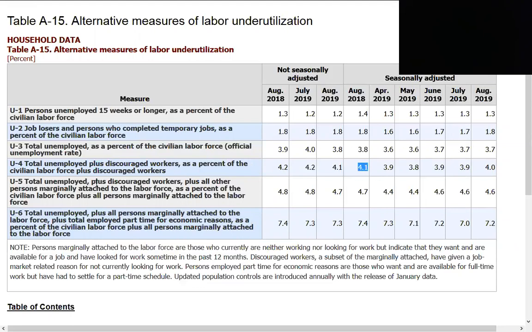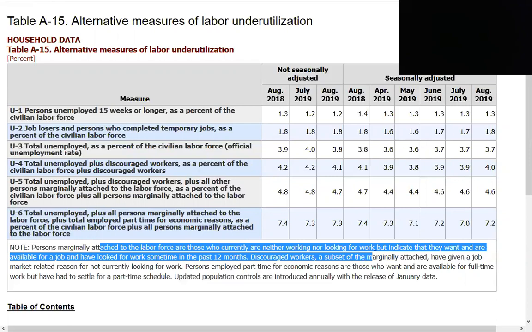What about 5? This is total unemployed, the discouraged workers, and then all people marginally attached to the labor force, right? So marginally attached to the labor force are those neither working nor looking for work, but who indicate they want and are available for a job and have looked for work some time in the past 12 months, right? So if you are a stay-at-home parent, you are not marginally attached, right? You're not looking for a job. You're not available for a job. If you're a full-time student, if you're retired, right? But anybody else that is participating a little bit, maybe they're a part-time worker and they want a full-time job.